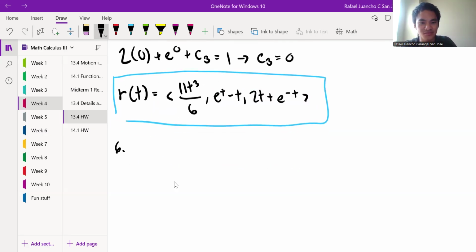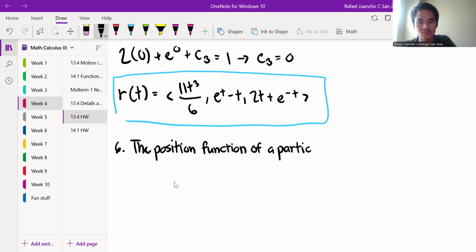Okay. So here we're actually given the position function of a particle is given by r of t.